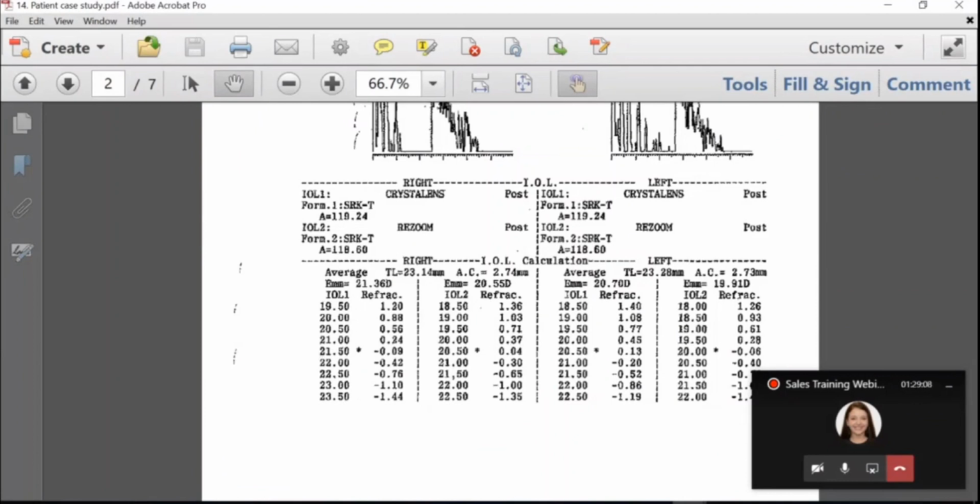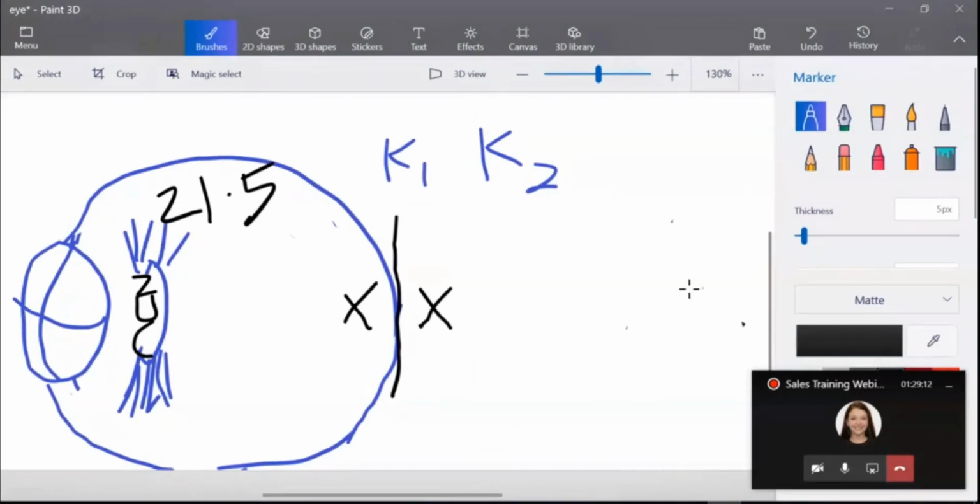So when we are using a standard monofocal lens, we're not correcting the astigmatism, as in bringing the two focal points into one point, but we are using the spherical equivalent to get the best result without using a toric IOL.